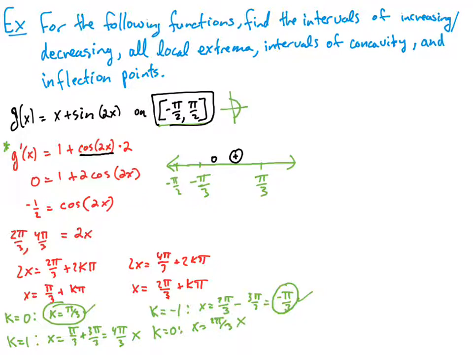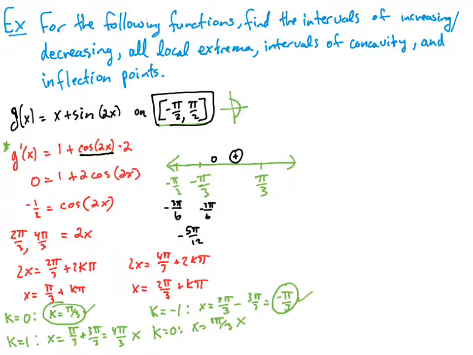Let's get a common denominator, common denominator of 6. So this is negative 3 pi over 6. This is negative 2 pi over 6. So we want something in between there. So we want negative 2.5 pi over 6, which is the same as negative 5 pi over 12. So let's test that value in this interval.